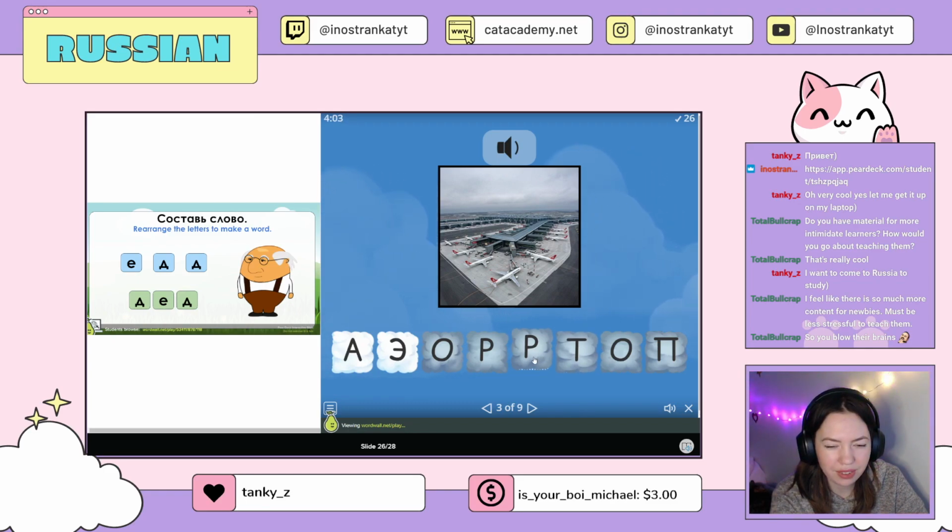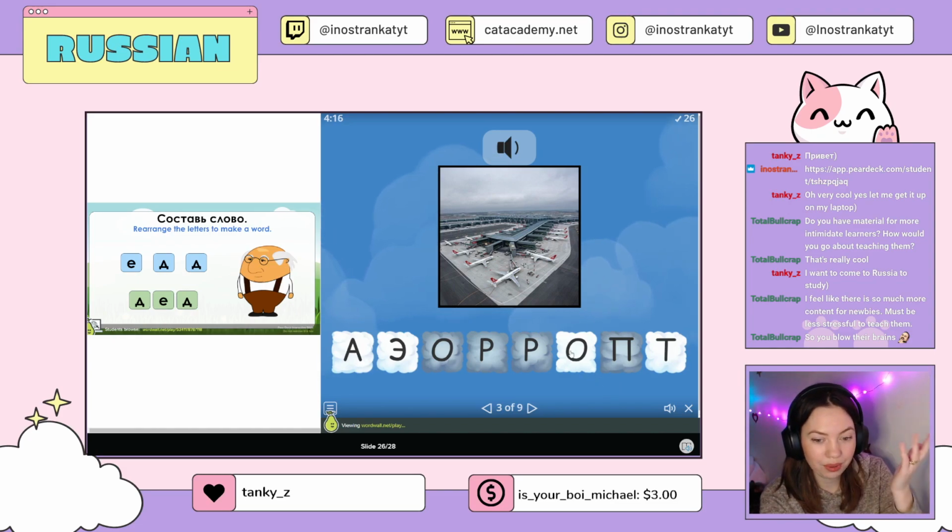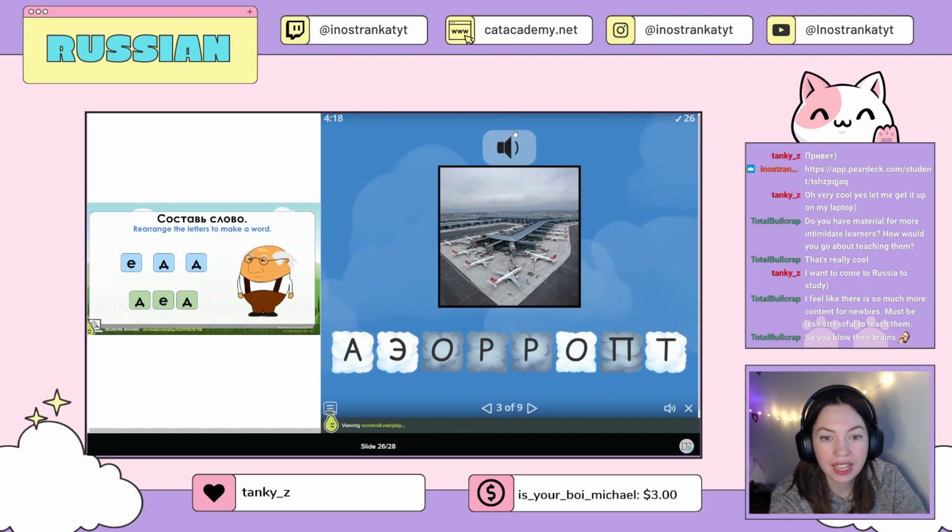So we have this letter, we have this letter. If you forgot how to actually pronounce them, we can start with the easy one. Put t at the end, and also o was placed automatically. Аэропорт. So I have not much choice.